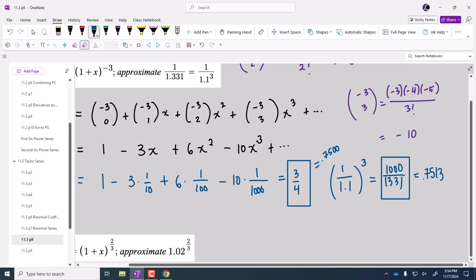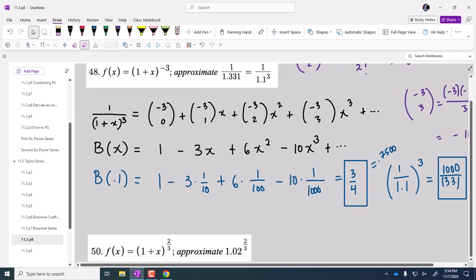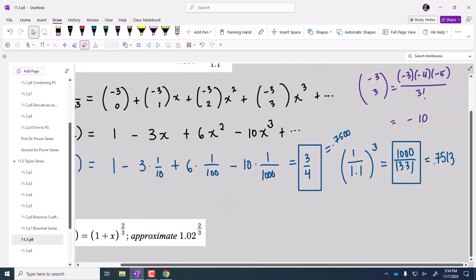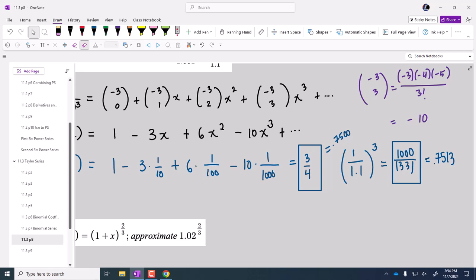So our approximation generated with 4 non-zero terms, so b sub 3, if we want to use the same notation that we used for the Taylor polynomials, the third order binomial polynomial, is 0.75, and the actual answer is 0.7513, so pretty close. Pretty close with just 4 terms.